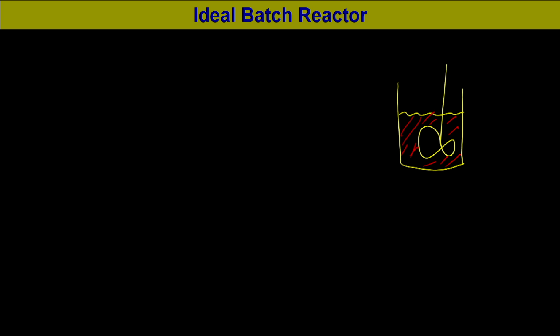So, this is not a flow system. So, in this case Fj0 would be equal to Fj, which is equal to 0.